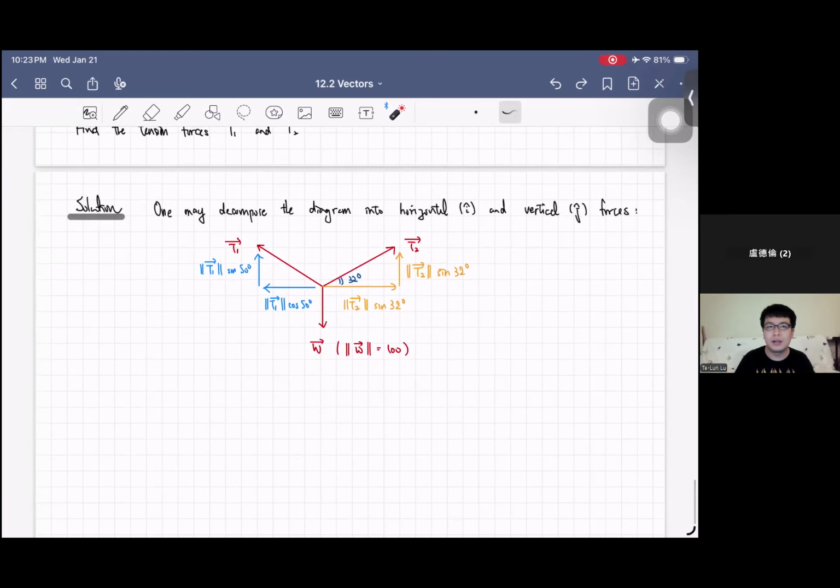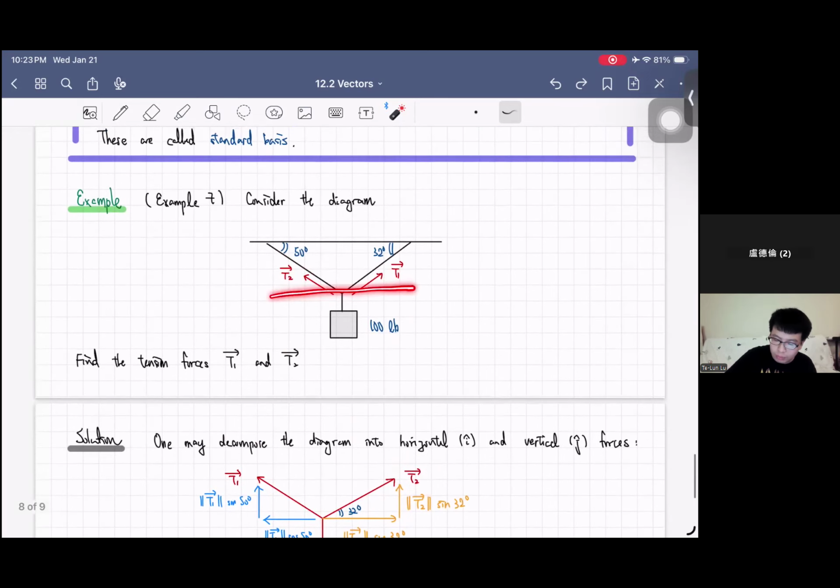You can actually make the diagram in a more clear format like this. So first of all, you have an object which is of 100 pounds. So that vector is going downward with the length of 100. And you have another tension, I read it as T2, T2 going this way, T1 going this way, with this angle being 32, this angle being 50, right?